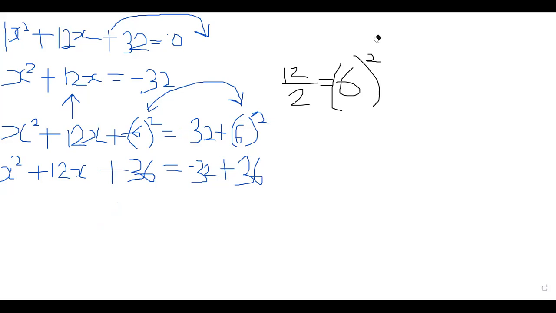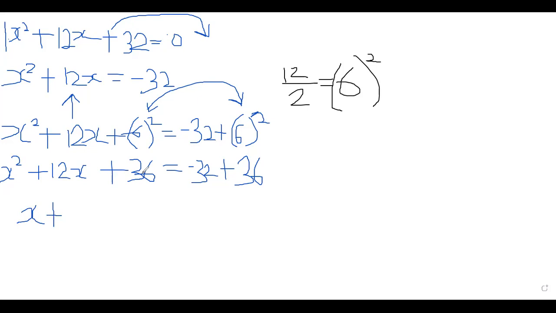you have x squared here, so just pick a variable from here. You know x squared is a combination of x times x, so you can put x here. Plus 36. 36 is a combination of 6 times 6.